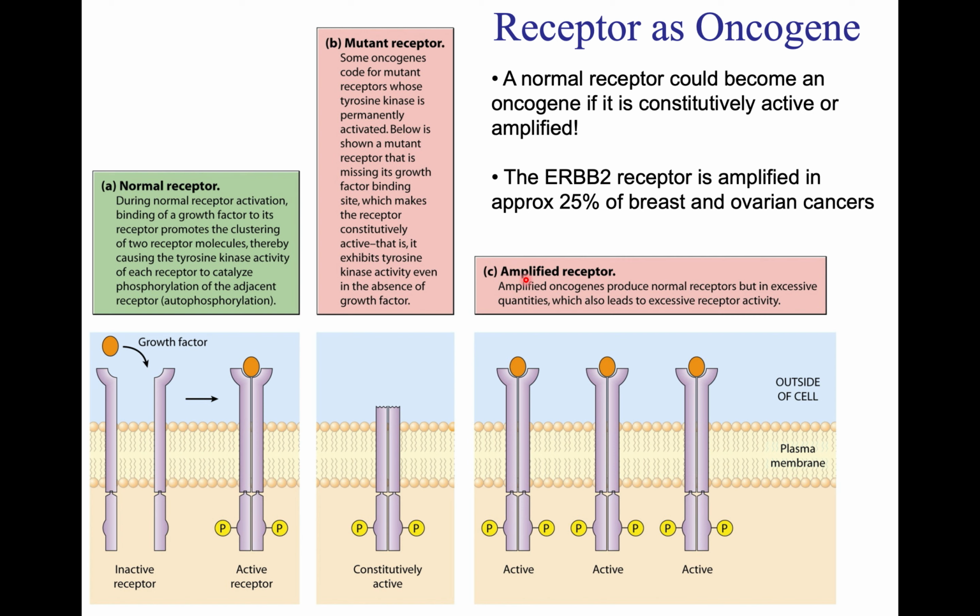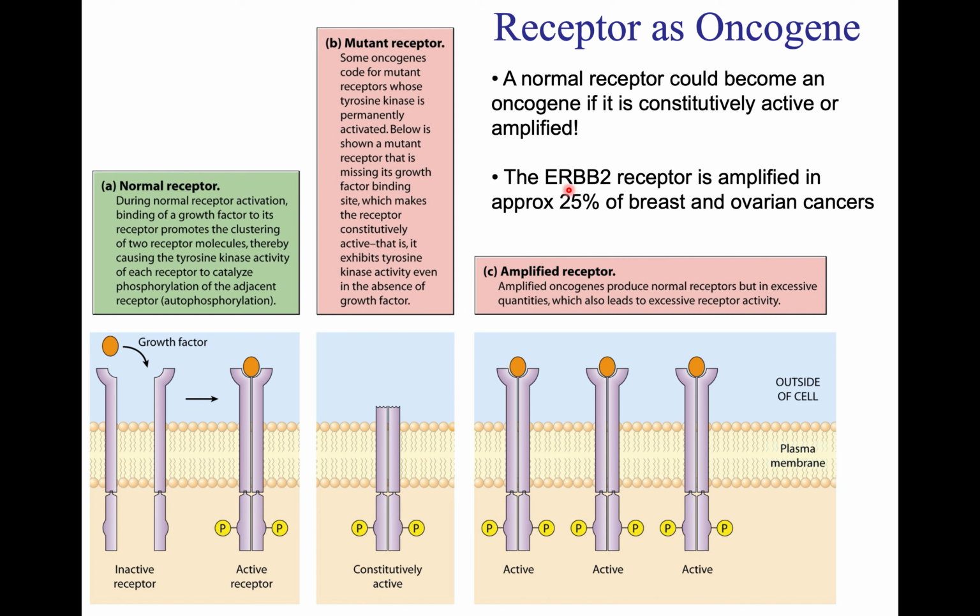Or going back to our idea of gene amplification, if we just produce too many copies of the receptor, now we're going to get too much signaling and overproduction of the protein in the cell. So you're probably familiar with this idea, but there's certain breast cancers that are tied in with amplification of the estrogen receptor.